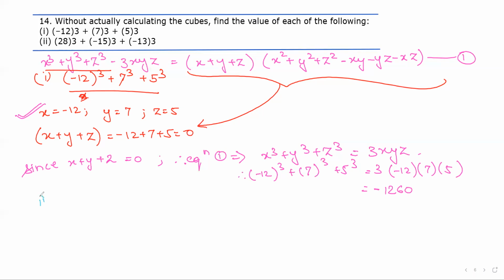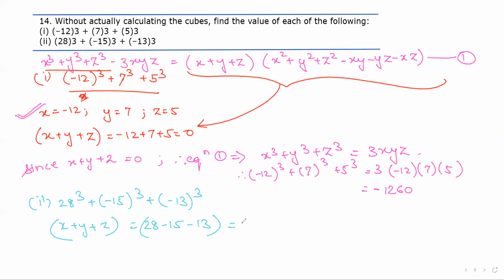The second part that you have to calculate is 28 cube plus minus 15 whole cube plus minus 13 whole cube. Here also you have x cube plus y cube plus z cube. So x is 28, y is minus 15, and z is minus 13. 28 minus 15 minus 13 is equal to 0.